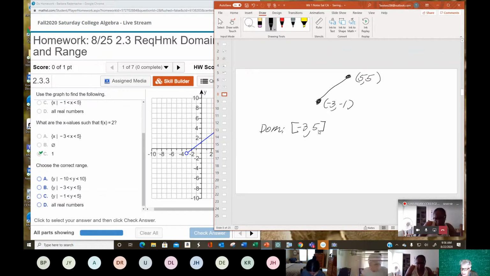The range is on the y-axis, so you look at the y coordinates. Our range would be from the lowest to the highest. Bracket -1, 5. Because the y coordinate is also a 5 up there.